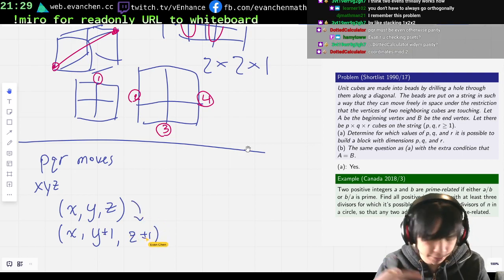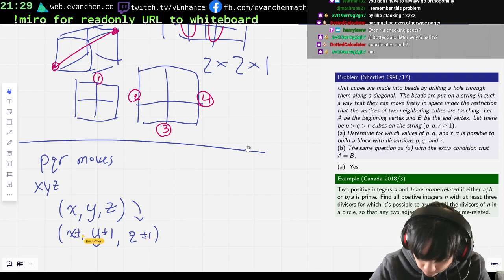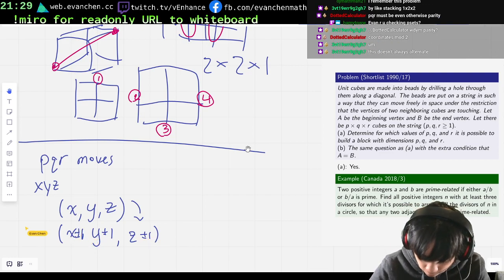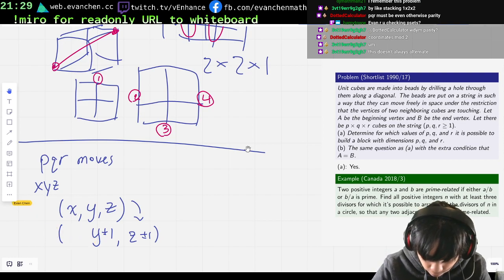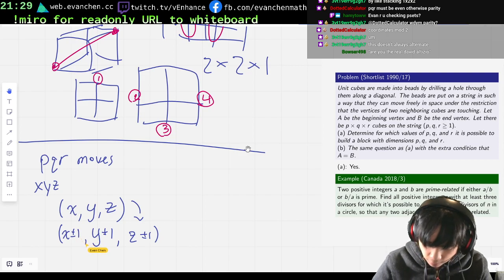Oh no, sorry, you change all three coordinates, in one of the three directions, for choices of plus or minus signs.